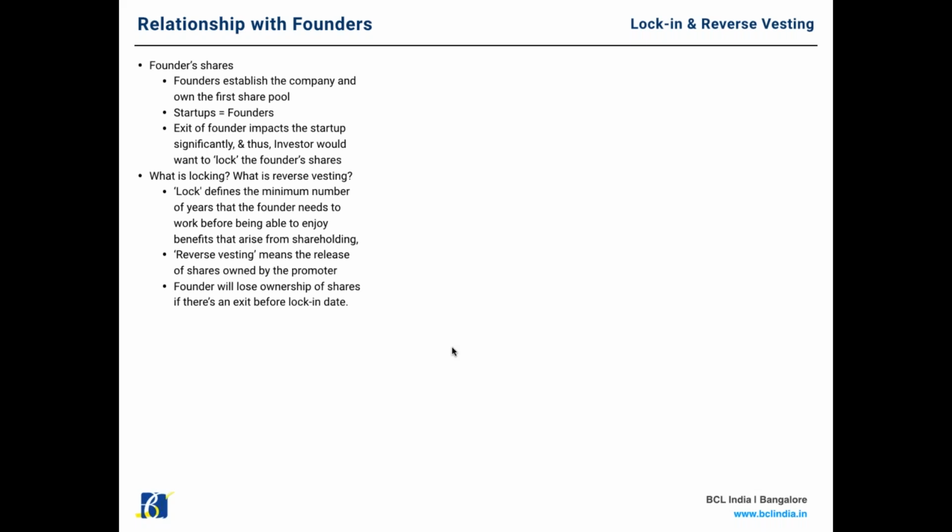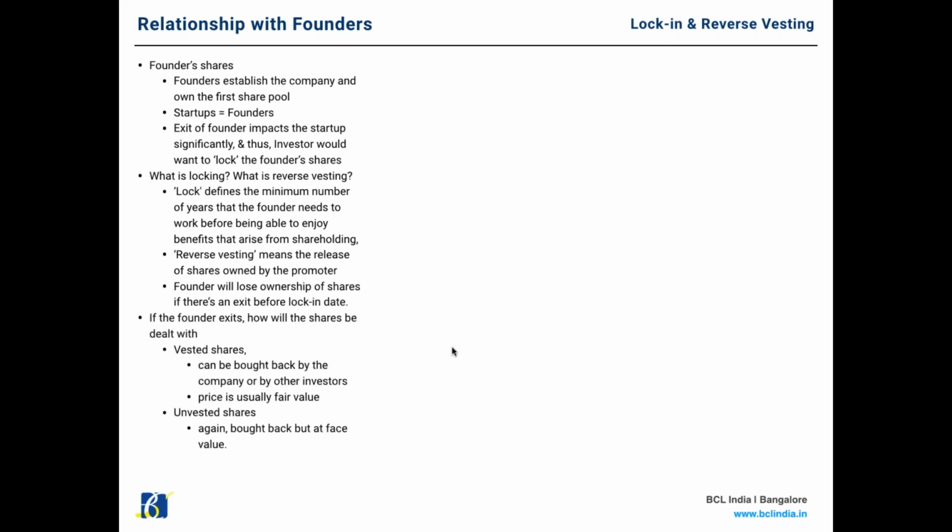And if the promoter exits the company before this lock-in period, then the promoter will lose access to the benefits, will lose access to the shares. Reverse vesting connected to lock-in basically means that the shares will be released as and when the promoter completes the term. Right? So let's understand this with an example.